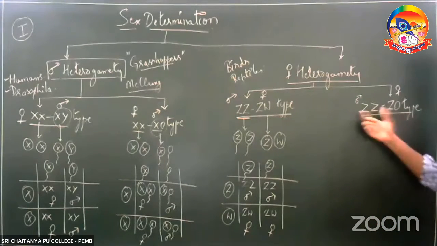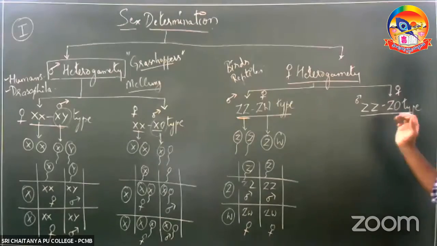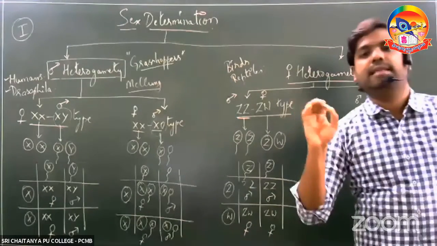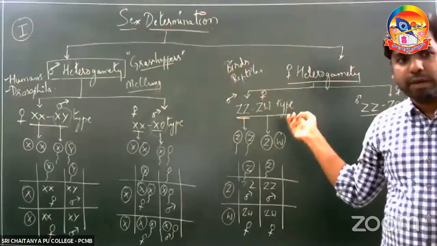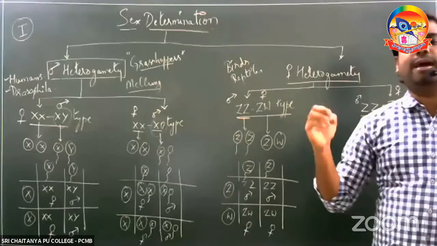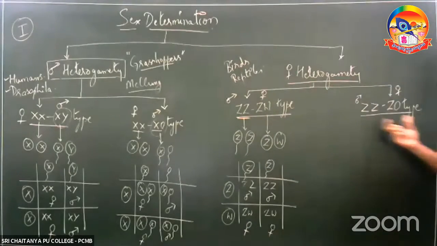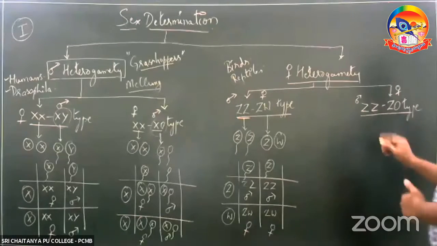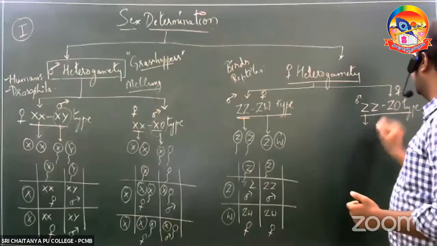Now if you see the chromosome number here, the females will have one chromosome less than that of the males, right? Now let's again take up the gametes as well as the Punnett square here.